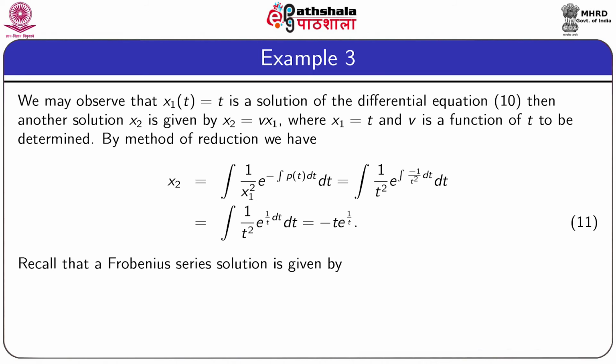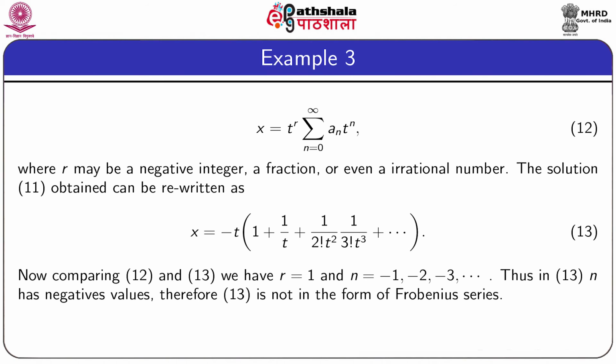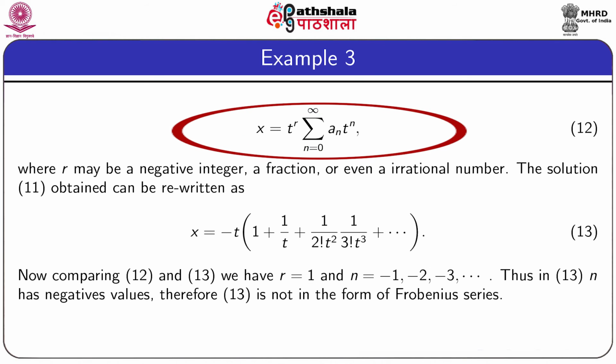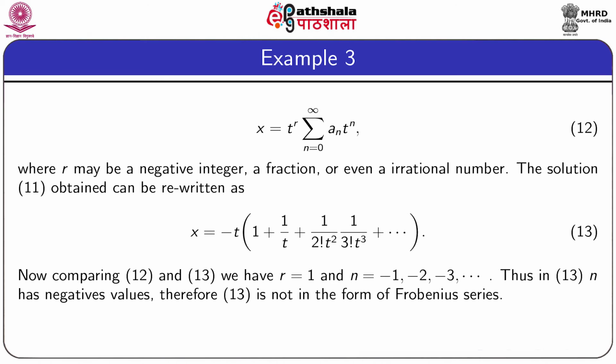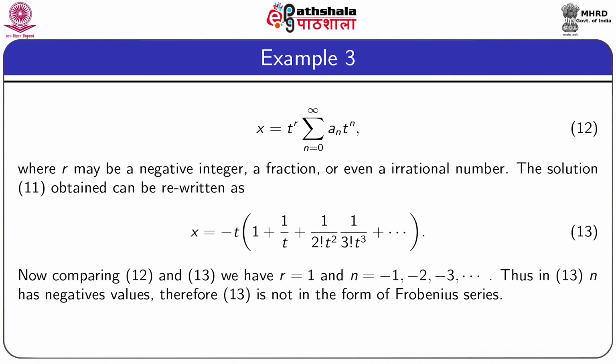Please recall a Frobenius series solution given by x(t) equal to t to the power r summation n equal to 0 to infinity a_n t^n, where r may be a negative integer, a fraction, or even an irrational number.